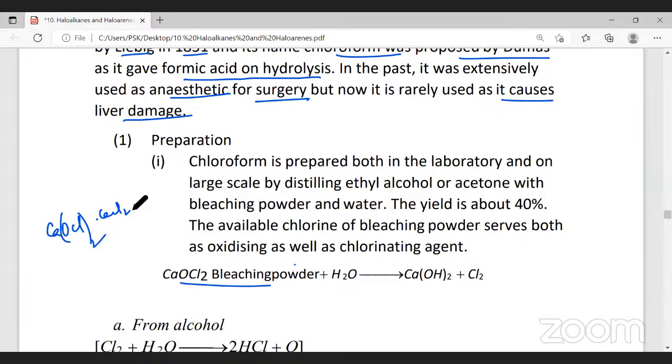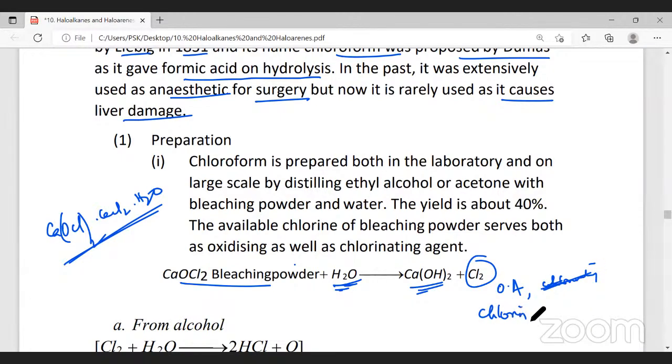This is the actual composition of bleaching powder, but the active part in the bleaching powder is CaOCl2. When this bleaching powder is allowed to react with moisture or water, you get calcium hydroxide, liberating chlorine gas. This chlorine gas behaves like an oxidizing agent as well as a chlorinating agent. Bleaching powder itself acts as an oxidizing agent and chlorinating agent.